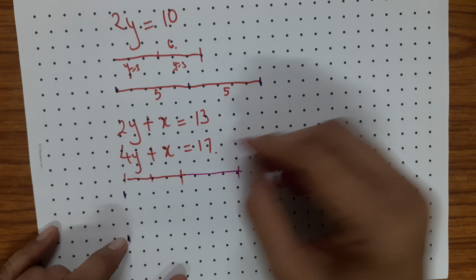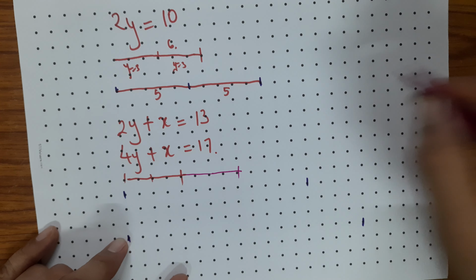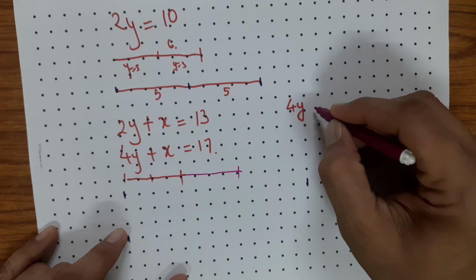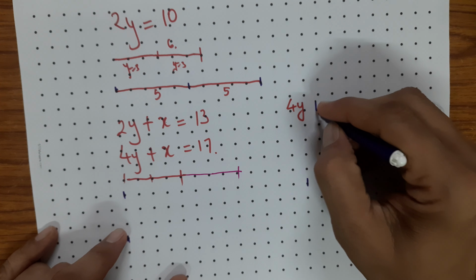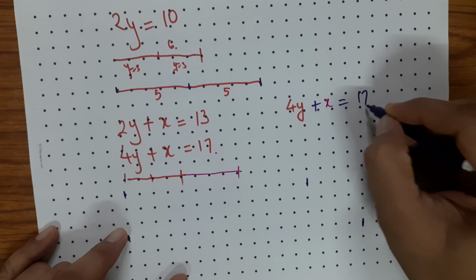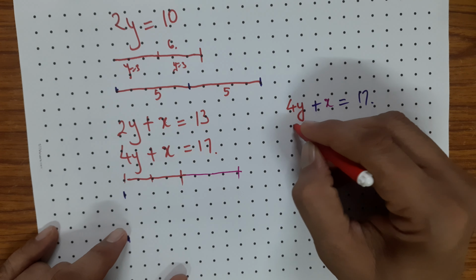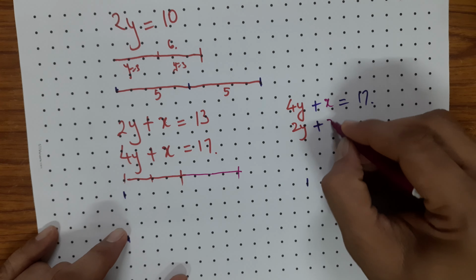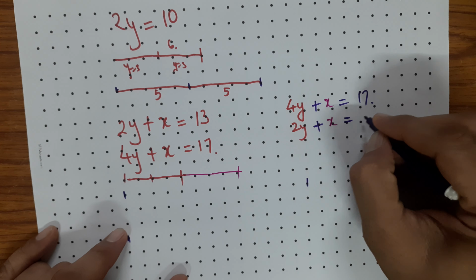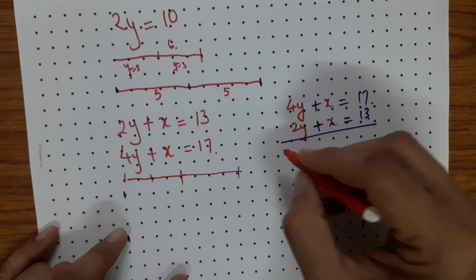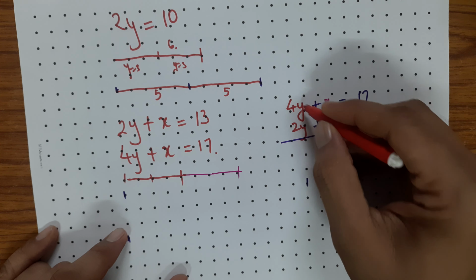We take the first one, which is 17 length. So I say whatever, 4y. Okay, I'll use two colors this time. It turns out if I subtract the two, this is a positive number, so I'm subtracting.